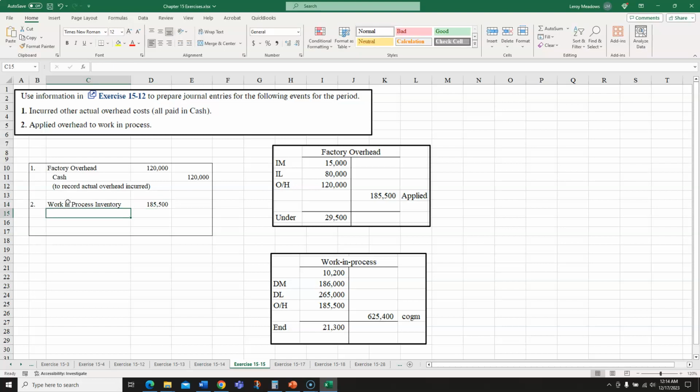And then we're going to credit factory overhead for $185,500 to record applied overhead.